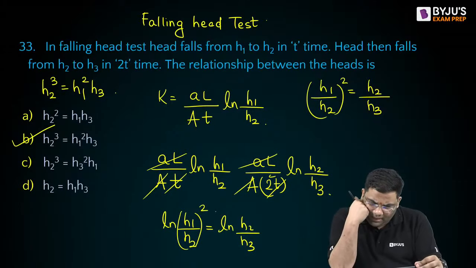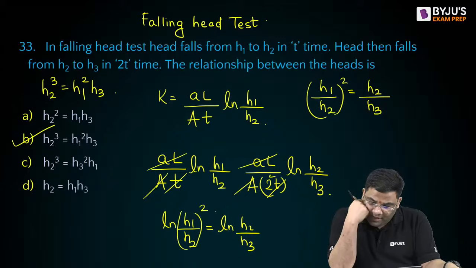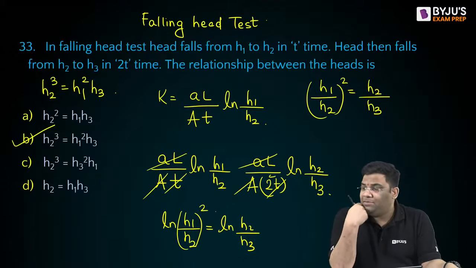Let me say the falling head test falls from H1 to H2 in time T, and H2 to H3 in time 2T. This answer is B, right? Are you getting B or not?